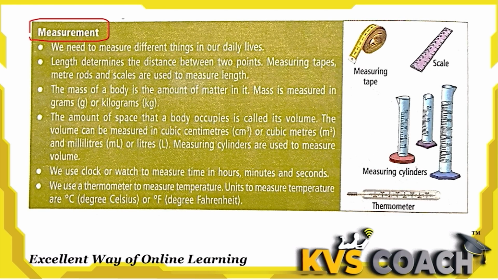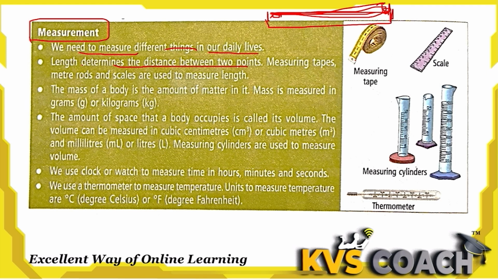Next is measurement. We need to measure different things in daily life. Length determines the distance between two points. If I am talking about the length of this line, I need to check what this point is and what this point is. This is the total length.